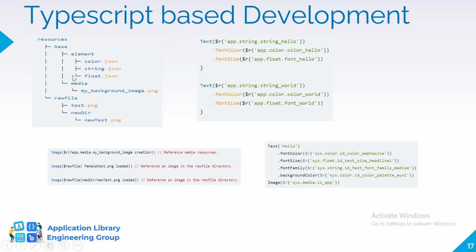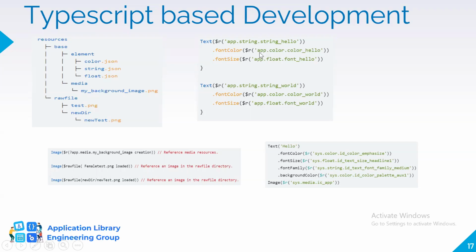And similar to JS, here also we use $r to access the resources within your JS or within your ETS files, like this. Since these are defined within app, you have to use $r of app dot the file name, basically the type, dot the value within this.